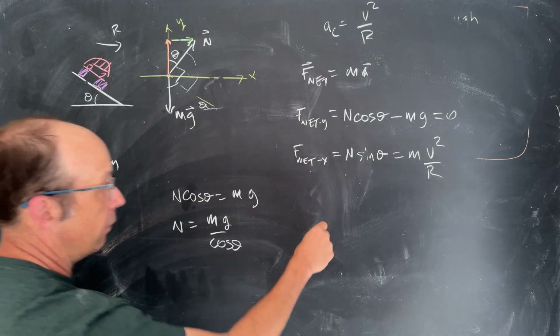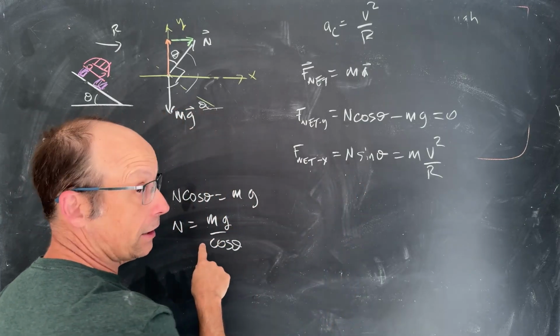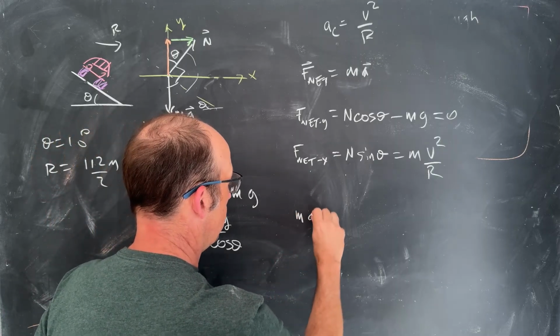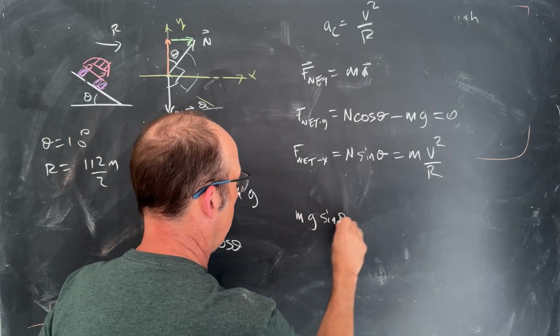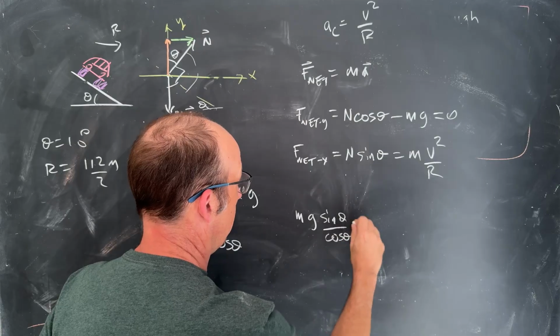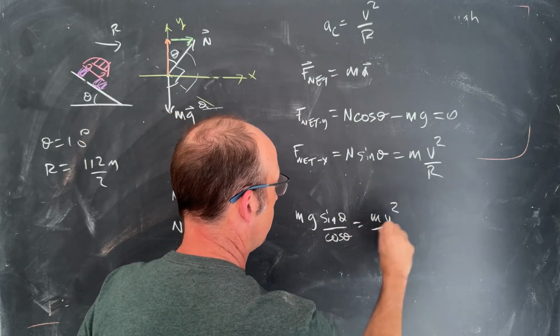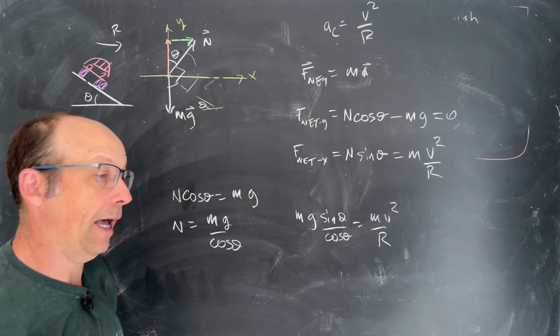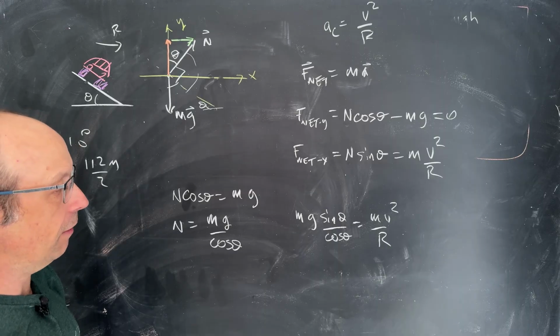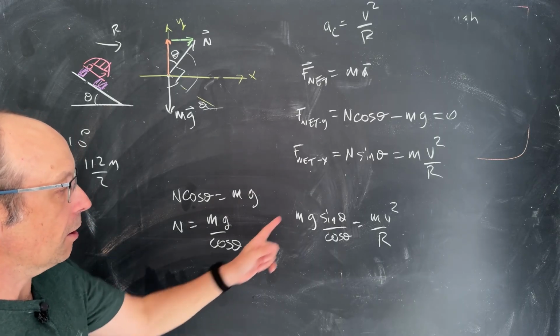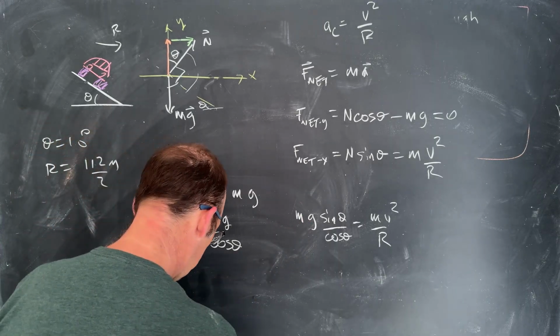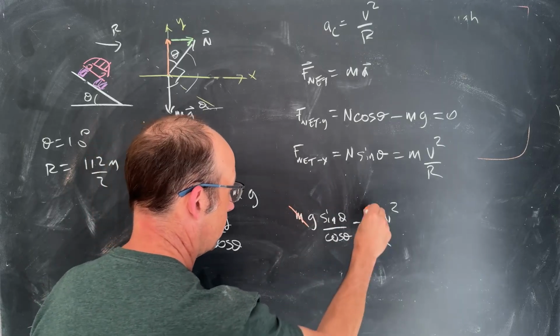Now I'm going to plug that in over here for n, right? I can substitute, and I get mg sine theta over cosine theta equals m v squared over r. Well, look at that. That's just very lovely because one, the mass cancels. Let's do that in orange.